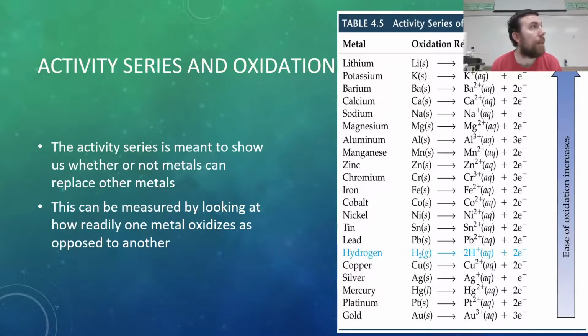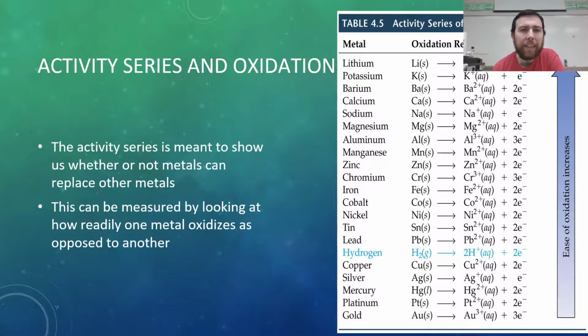And something important to recognize is that elements in group 1 in general are more easily oxidized than the other elements, right? Within your top 5, you've got lithium, potassium, and sodium as 3 of those 5 elements that are part of group 1, and then the others are in group 2.